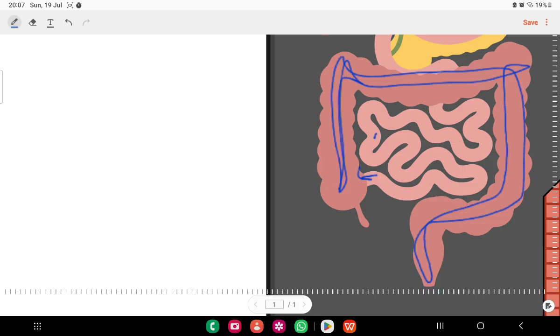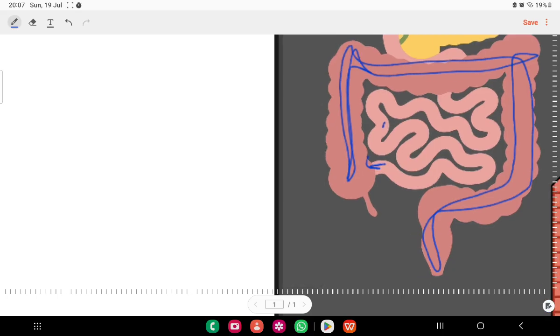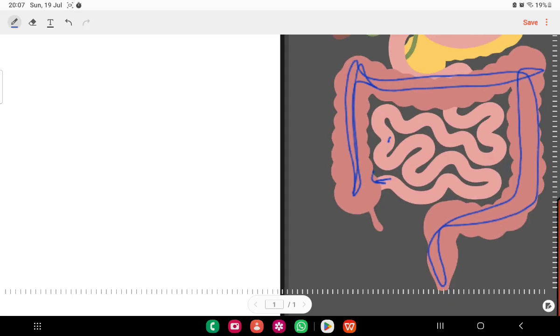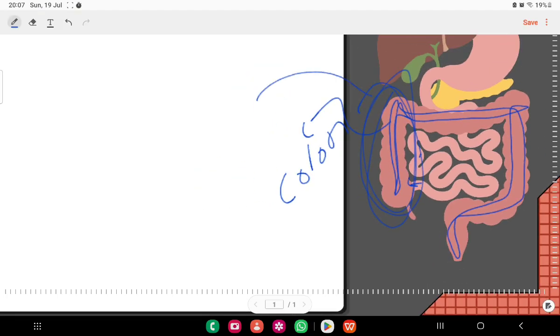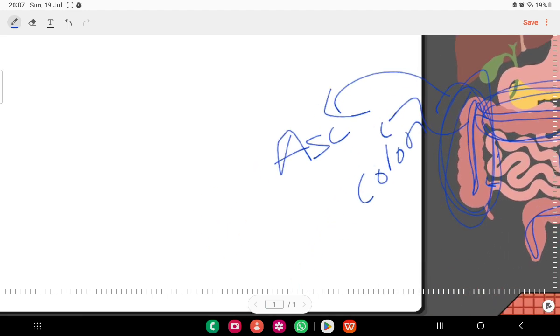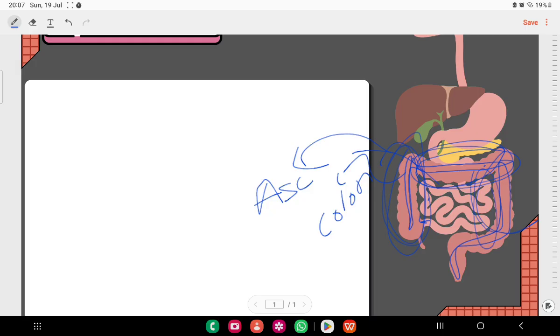It is just 1 meter long, but it is wide, and it is also called the colon. This part right here is called the ascending colon. This part right here, I forgot what it's called, but it is also related to the colon. This part is called the descending colon, and this is also one colon.